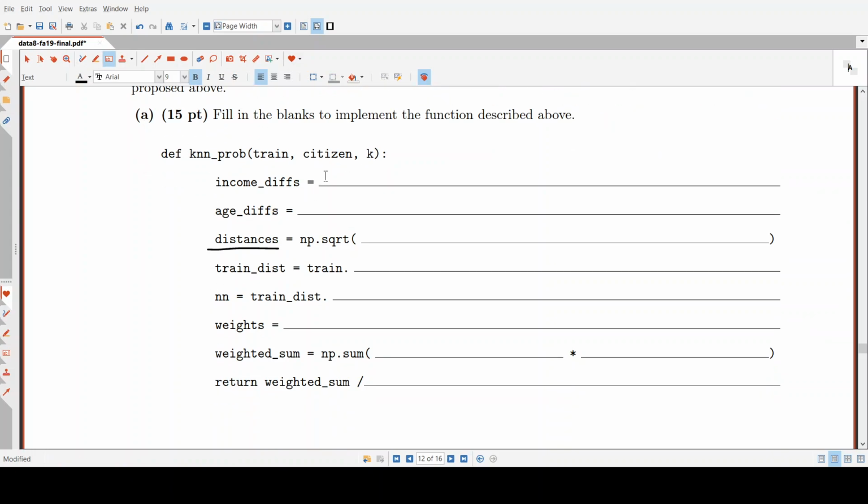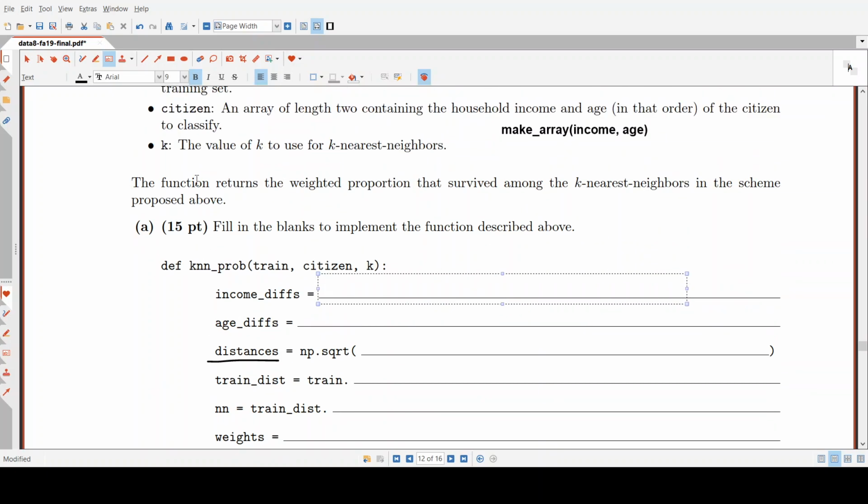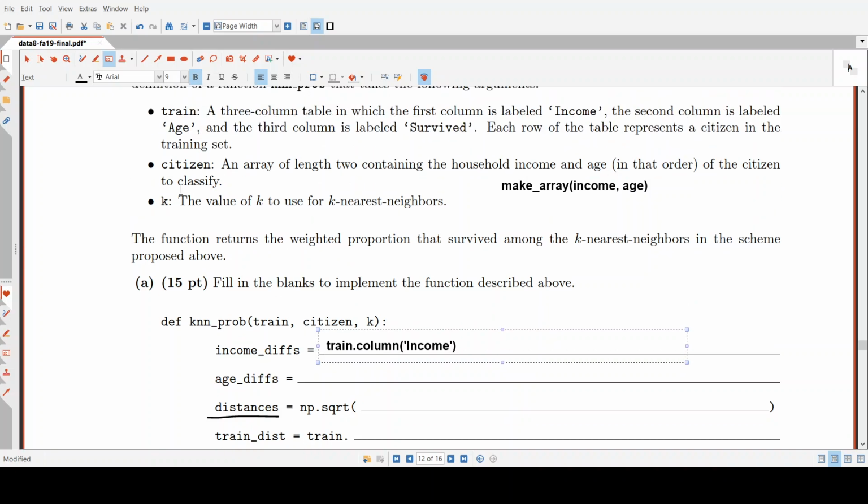So income diffs, as the name sounds, wants you to find the difference in income between your citizen and the incomes from the training dataset. To get an array of all the incomes of people in the training dataset, we do train.column of income, because that's one of the columns it has. We want to subtract out the citizen's income.